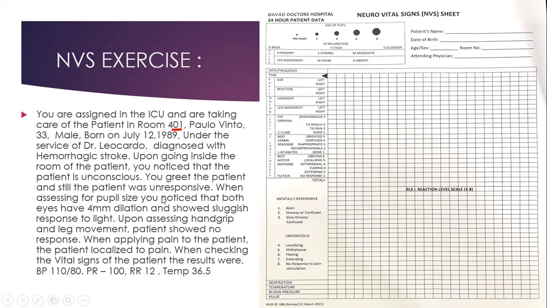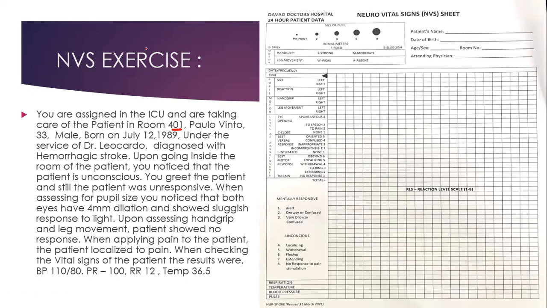When assessing the pupil size, you notice that the eyes have 4 millimeter dilation and showed sluggish response to light. Upon assessing hand grip and leg movement, patient showed no response. When applying pain to the patient, localized to pain. When checking the vital signs, the results were 110/80, 112, and 36.5.